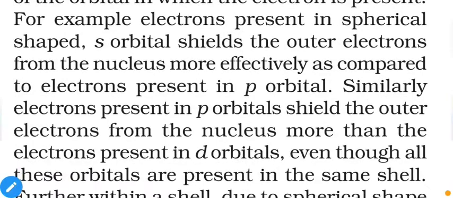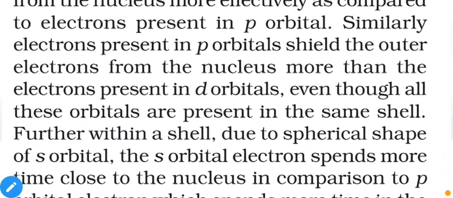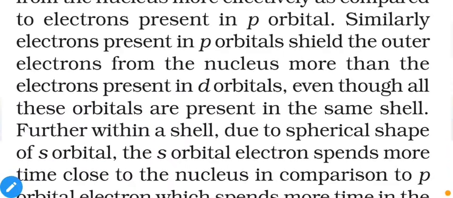Similarly, electrons present in a p orbital shield the outer electron from the nucleus more than an electron present in a d orbital, even though all these orbitals are present in the same shell. It depends on the shape. So spherical shapes give comparatively more proper shielding effect than p orbitals. They are called dumbbell shape, and dumbbell-shaped p orbitals give more proper shielding effect than d orbitals, which are called double dumbbell shapes.